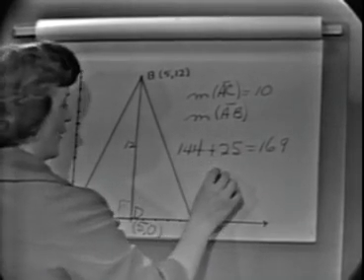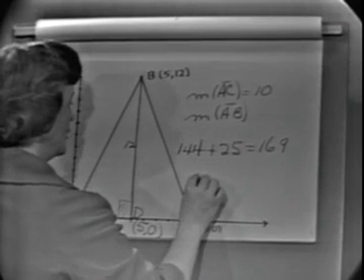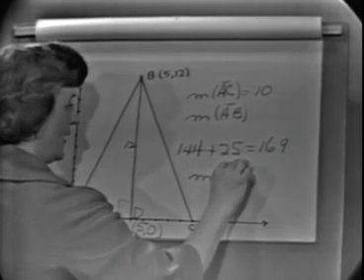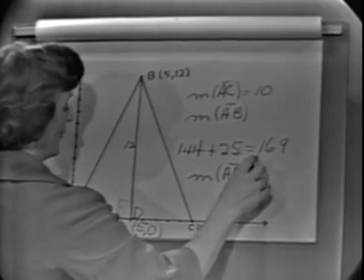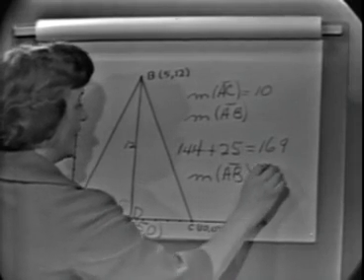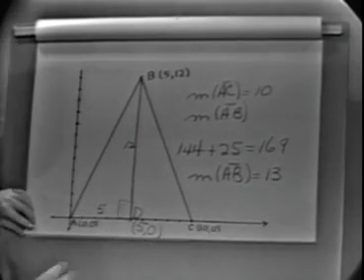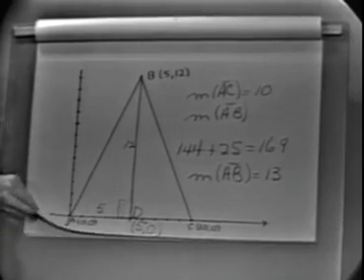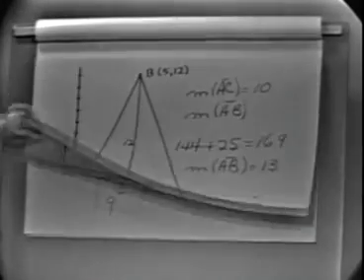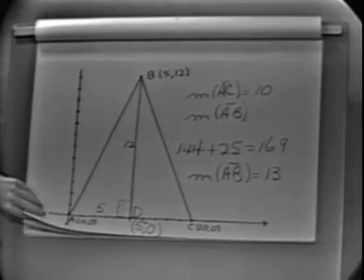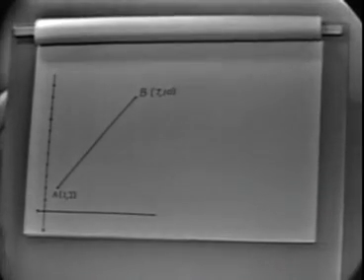Or we would say that the measure of segment AB, also the measure of segment BC, is equal to 13. The Pythagorean theorem helps us to find measures of line segments which are neither vertical nor horizontal.